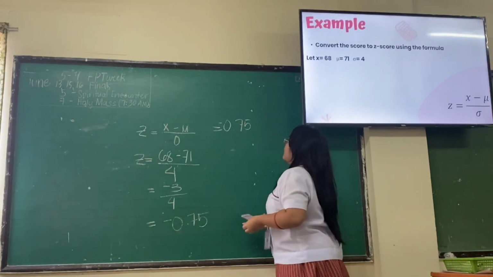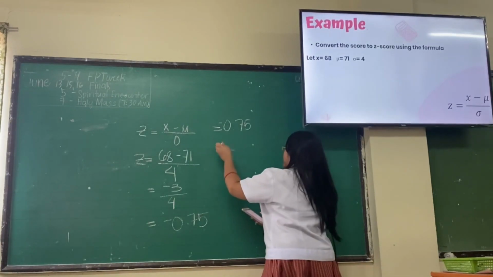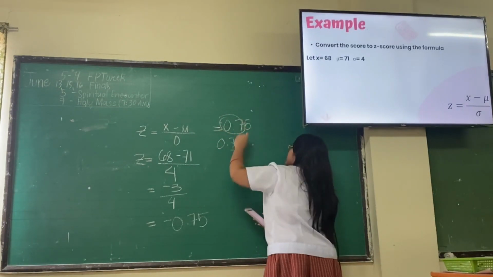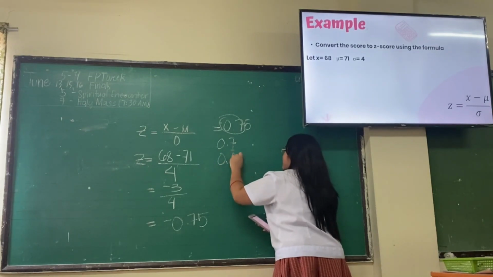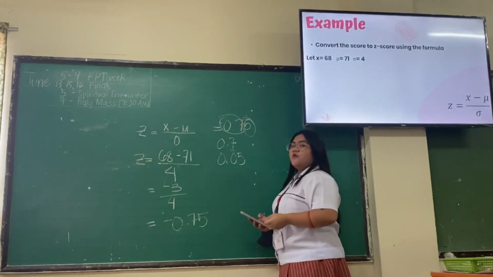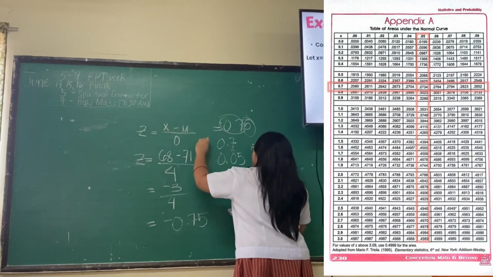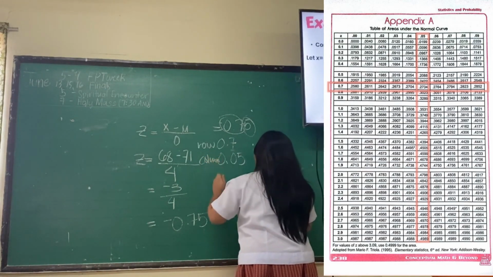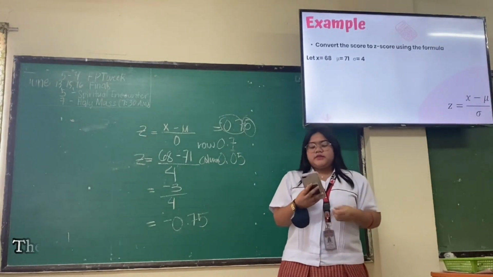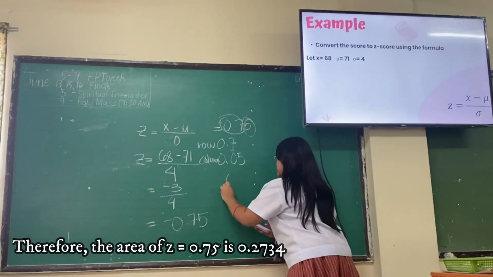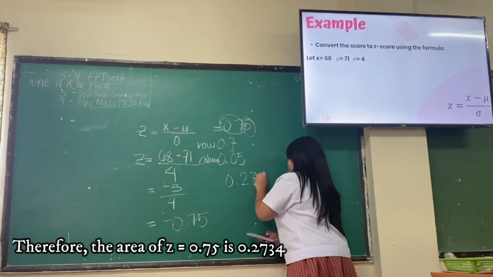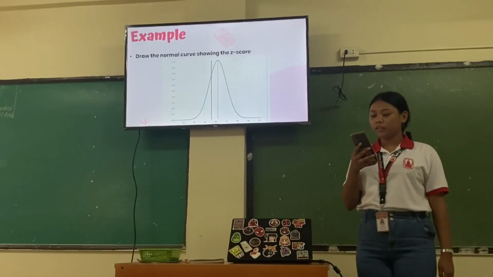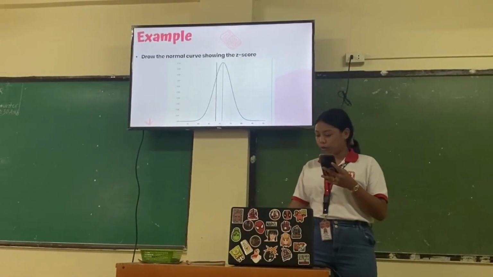First, we will separate the given: 0.7, which is taken from this side, and 0.05, which is taken here, would be our row and column. 0.7 would be our row, and 0.05 would be our column. Therefore, the area is 0.2734.